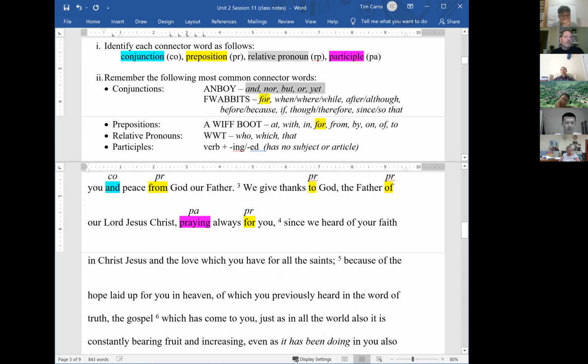You're going to see the word for in English that shows up and can actually be a preposition or subordinating conjunction. Now in Greek, there's a particular Greek word that we know functions a particular way.